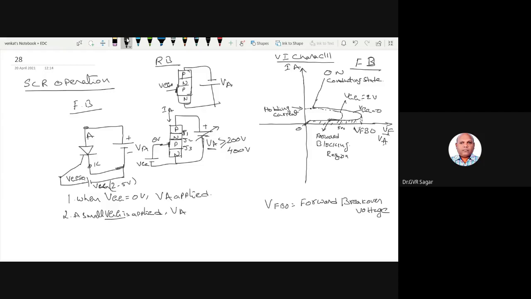So when the reverse anode voltage is applied, automatically junction J1 and junction J3 are reverse biased. Under this reverse bias, a small reverse saturation current flows here, and it will be there, right?